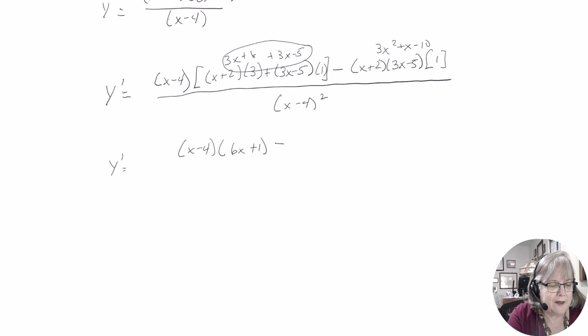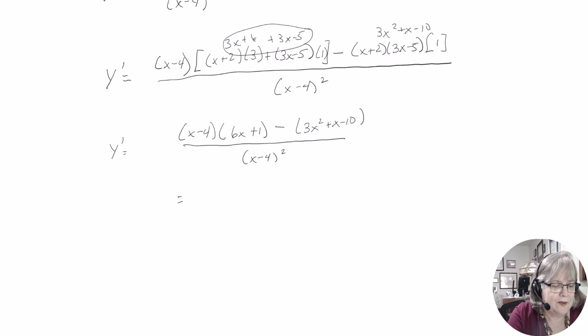Minus this 3x squared plus x minus 10 over x minus 4 squared. And this turns out to be 6x squared minus 23x minus 4 minus 3x squared minus x plus 10.